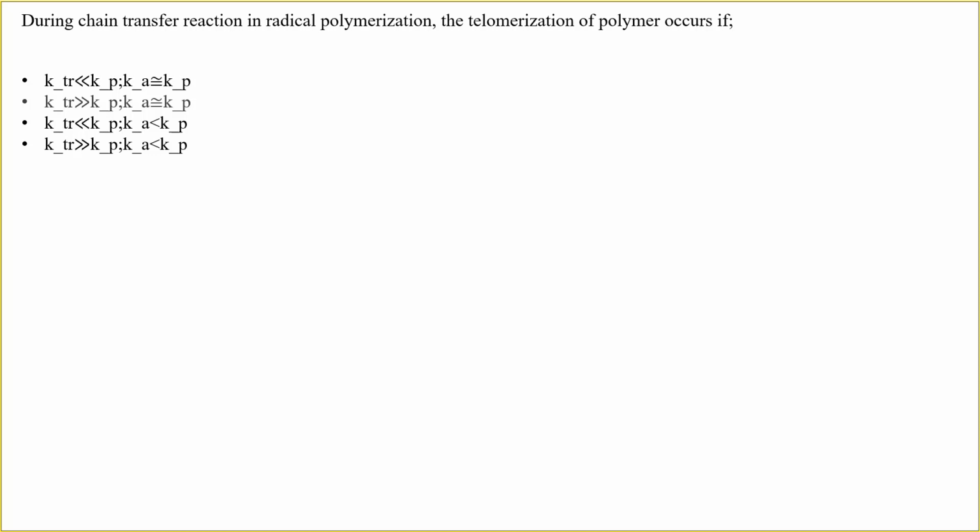The reason small polymers are forming is that the chain transfer coefficient is very high. So it is quickly jumping to other monomers before it can grow up to a certain length. That is what is called telomerization, which means it is forming small polymers and propagating rapidly.